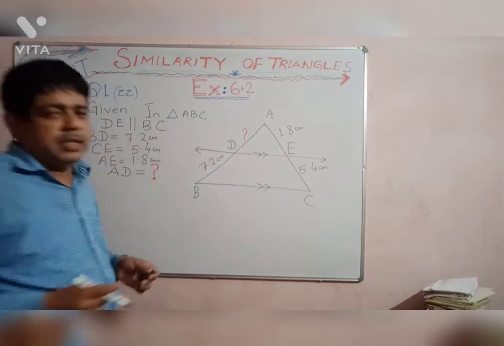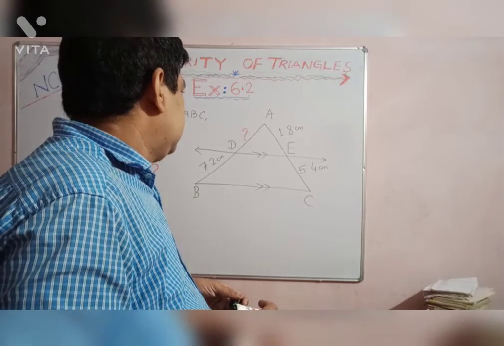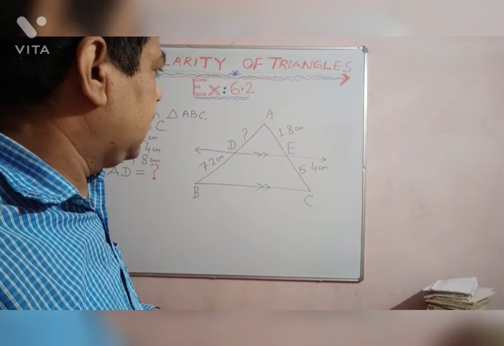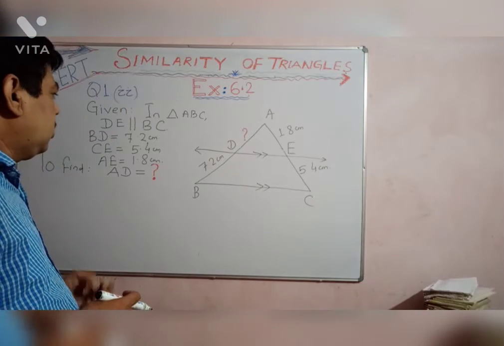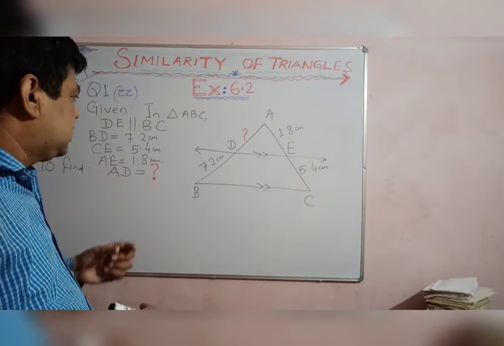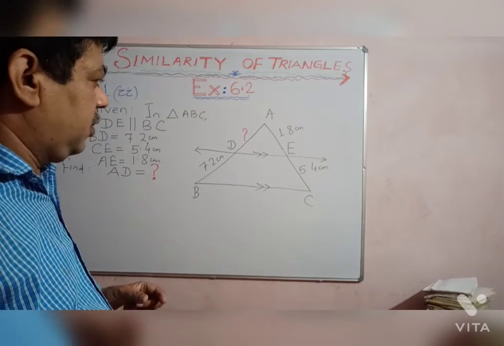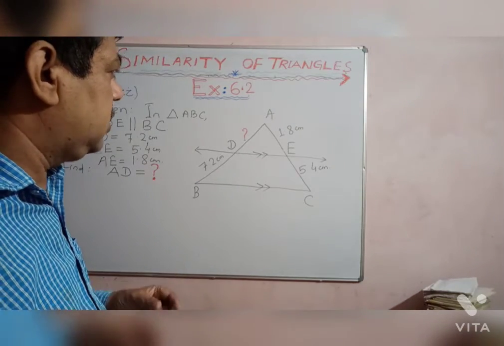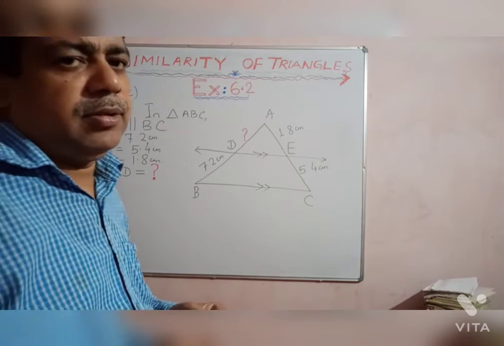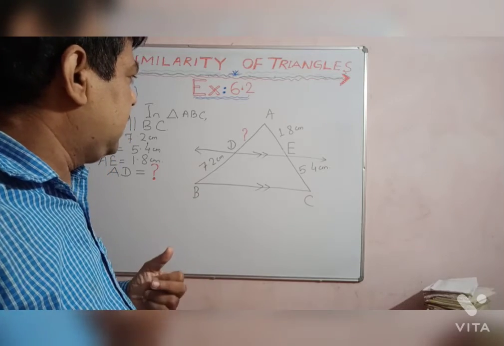The line DE intersects AB at the point D and the side AC at the point E. Also given that the part BD is 7.2 centimeter, the part CE is 5.4 centimeter, and the part AE is 1.8 centimeter. Here we have to find the length of AD, the upper part of the line DE.